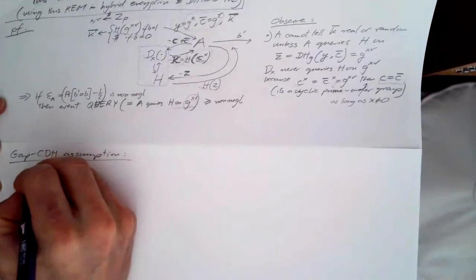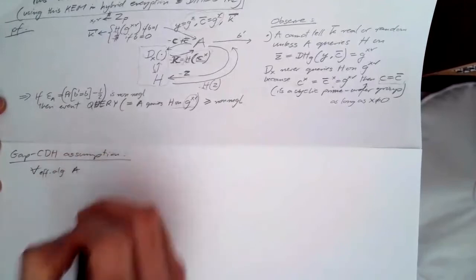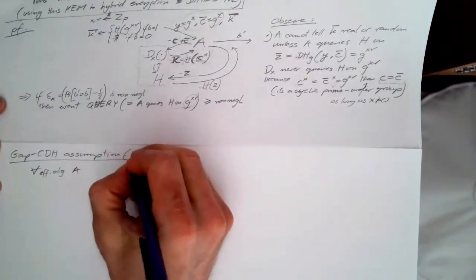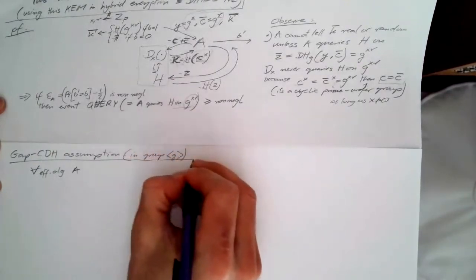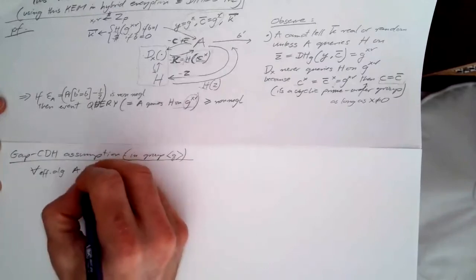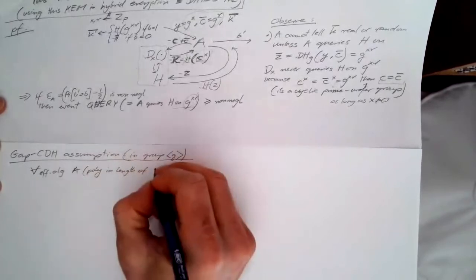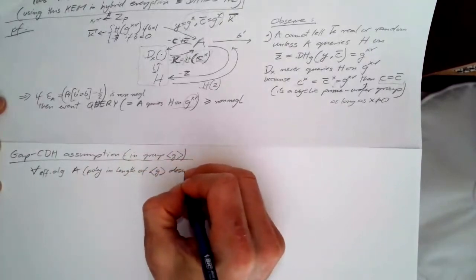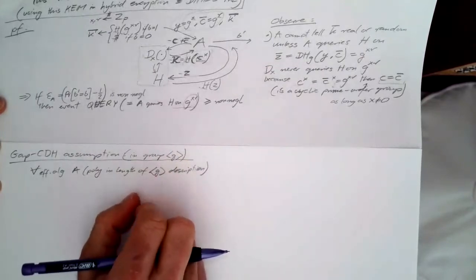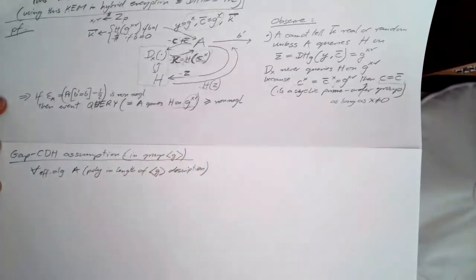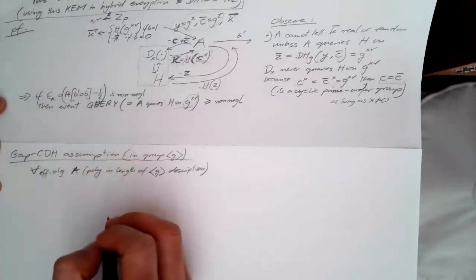The assumption is that for every efficient algorithm, and the assumption is in group G, polynomial in the length of the group description. So, okay, this could be an elliptic curve group. It can be a group of prime residues, and other settings are possible as well.